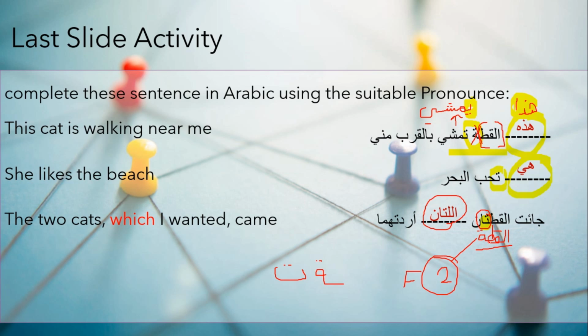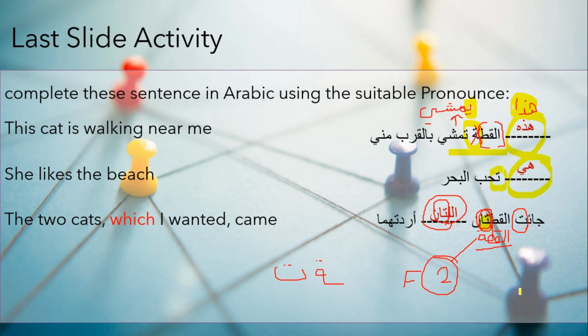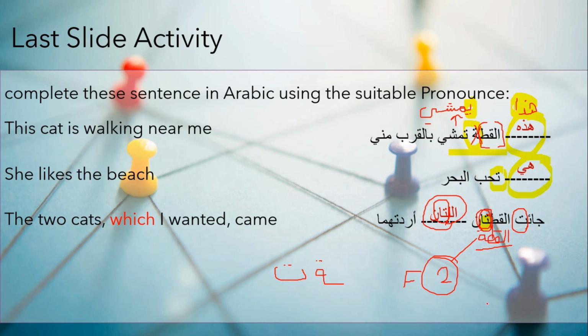Okay, let's see how it's going to be if it's talking about masculine cats, male cats. Let me just write it here, just to know the difference between the masculine and the feminine for this particular last sentence.